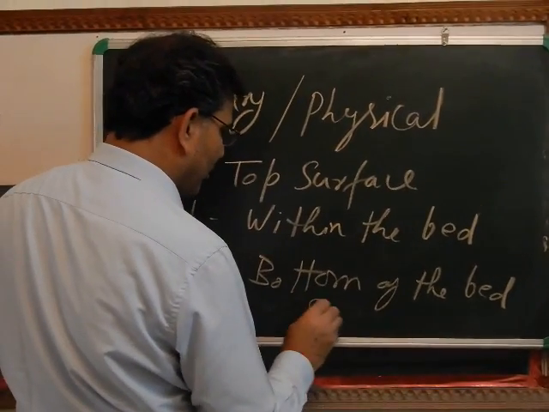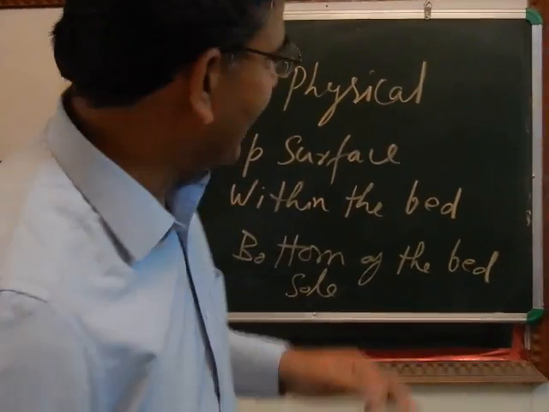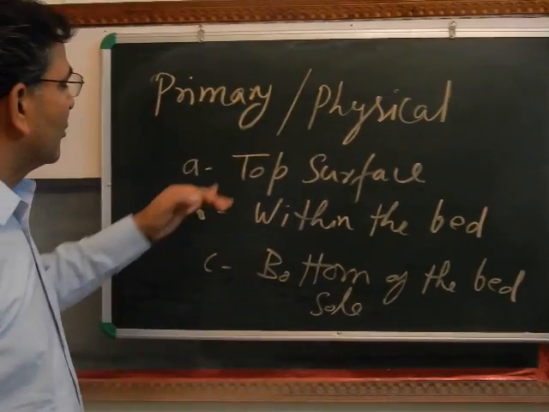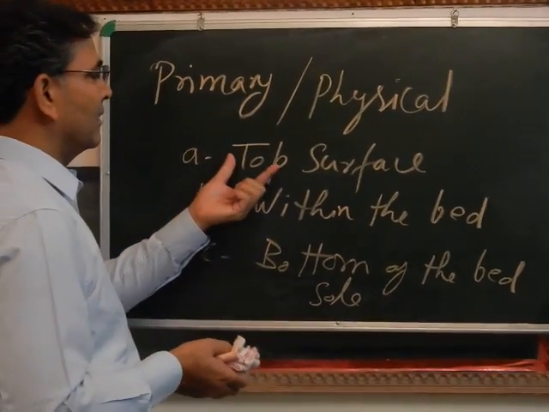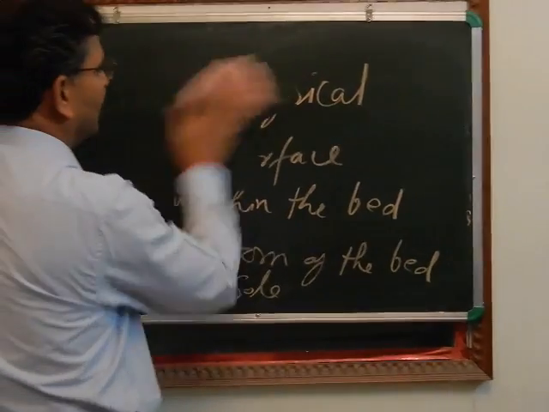These are also known as sole structures. They are present at the sole of the bed. So first we will discuss the sedimentary structures which are formed at the top surface of the bed.